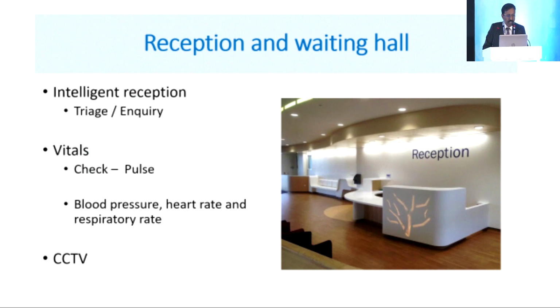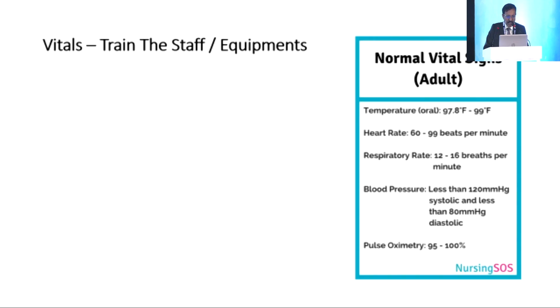Apart from having intelligent people, we also need to have an intelligent reception with facilities for triage and enquiry. It's important that we teach our staff to check the pulse and vitals. If we are the only doctor, it is ideal to have a CCTV to monitor the reception area.